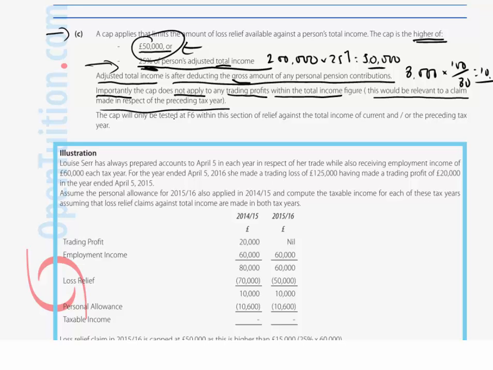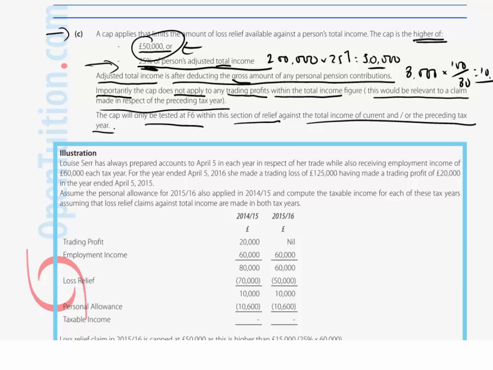Now, the cap will only be tested within this section of relief against the total income of the current and or preceding tax year. Again, all you know at the moment is that reliefs against total income are the current and the preceding tax year.